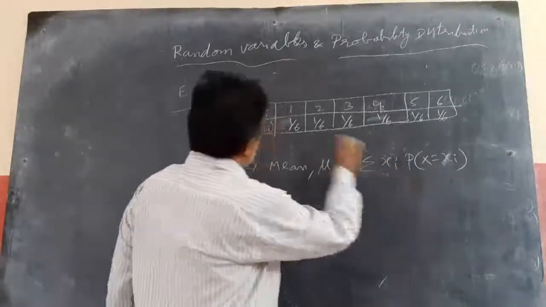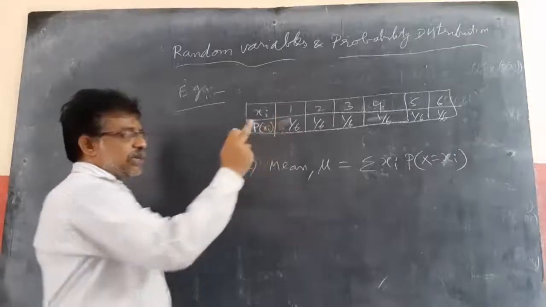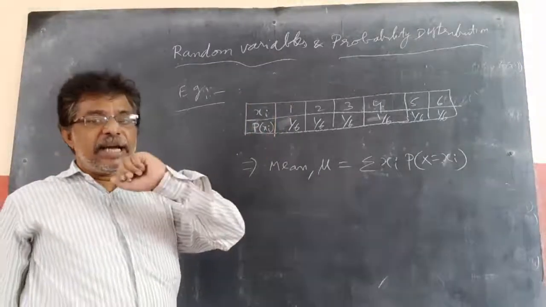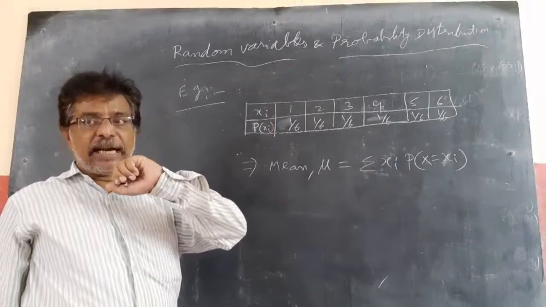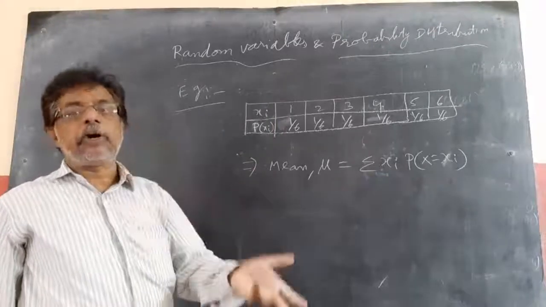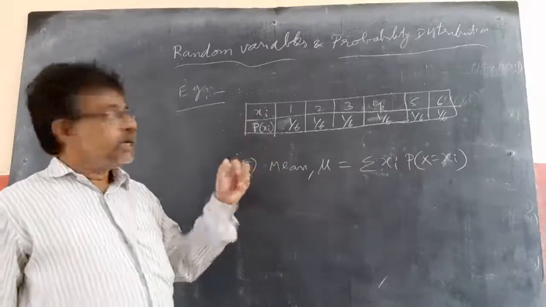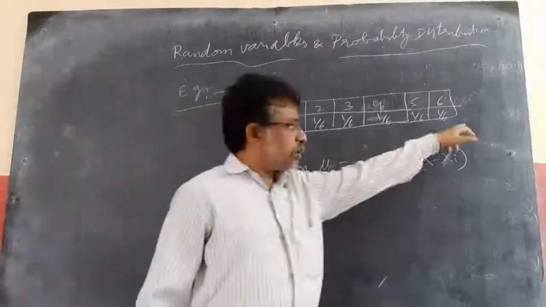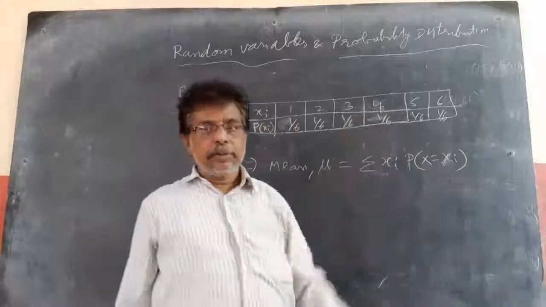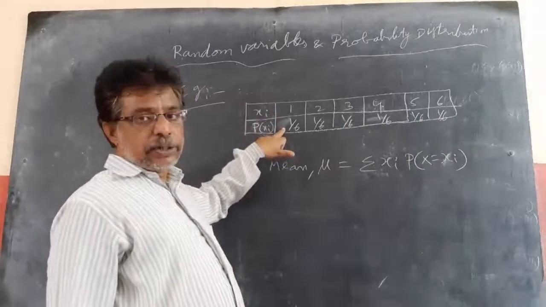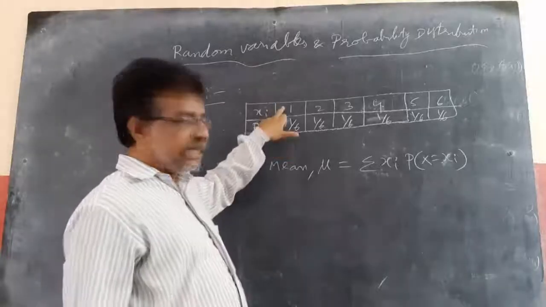Xi into P of xi means multiply these two, like in your 10th class. In your 10th class you found fi xi to find the mean. Same concept here, with probabilities. You make another column, then you add up. Here also the same, P of xi into xi.